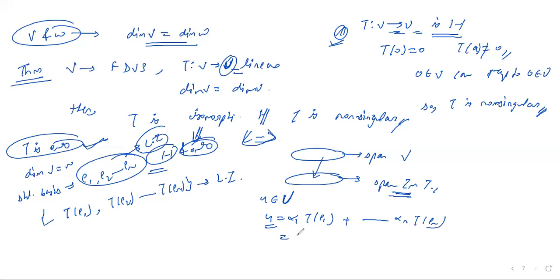By the property of linear transformation, I can write it as T of alpha1 e1 to alpha n en, and this alpha1 e1 to alpha n en is a vector which belongs to the vector space V.